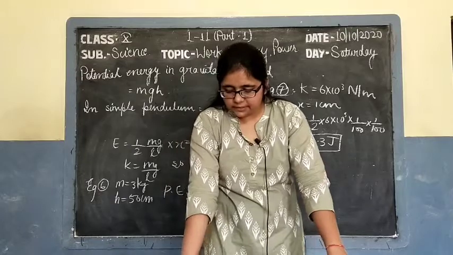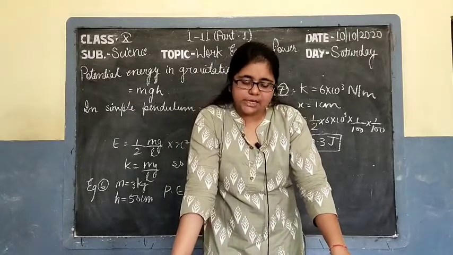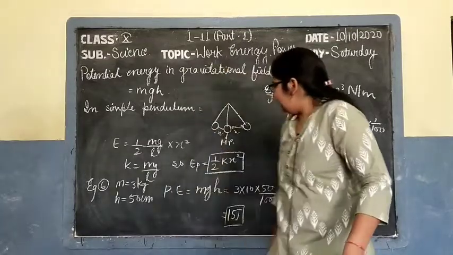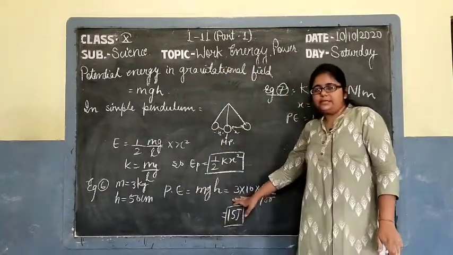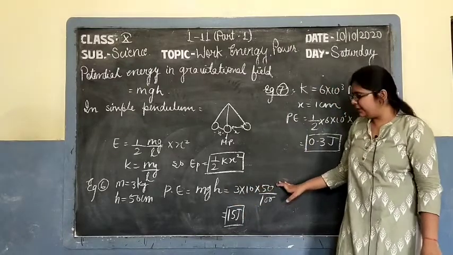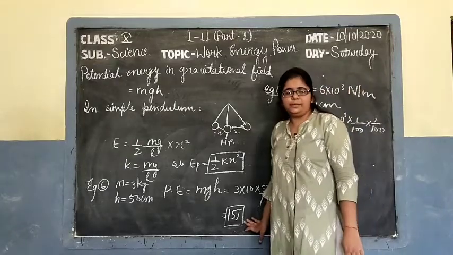So the mass is 3 kg and the height is 50 centimeter. Then the potential energy will be mgh. By multiplying the values, m is 3, g is 10, and the height is 50 centimeter, which you have to convert into meter by dividing by 100. So the potential energy will be 15 joule.